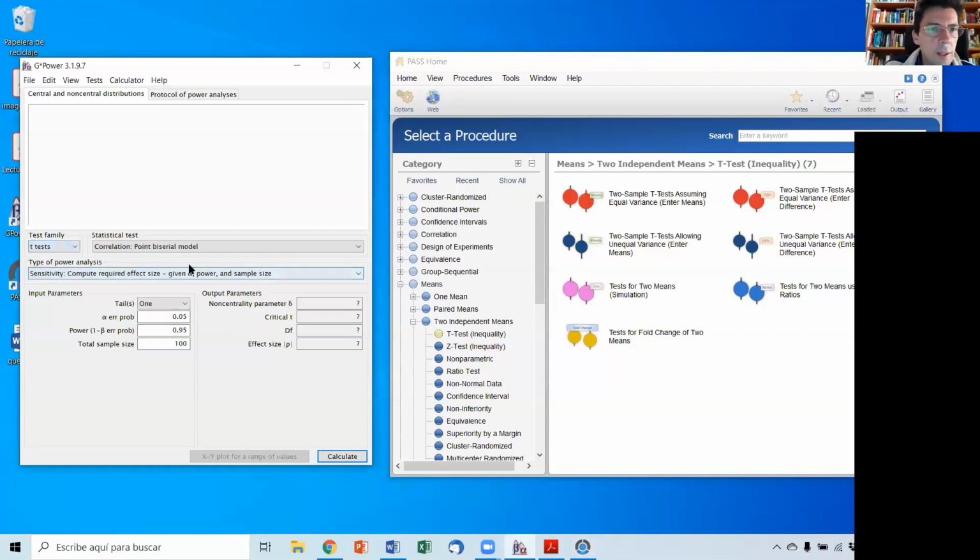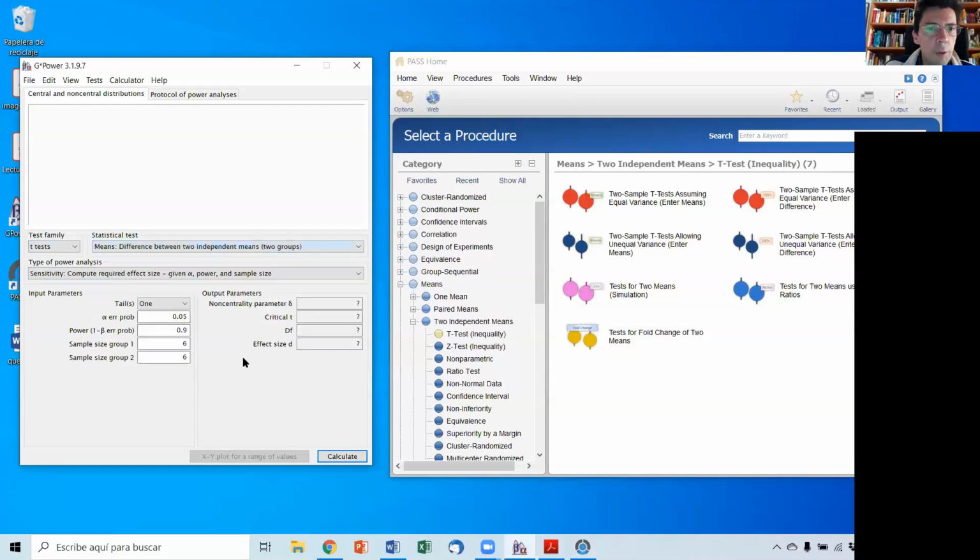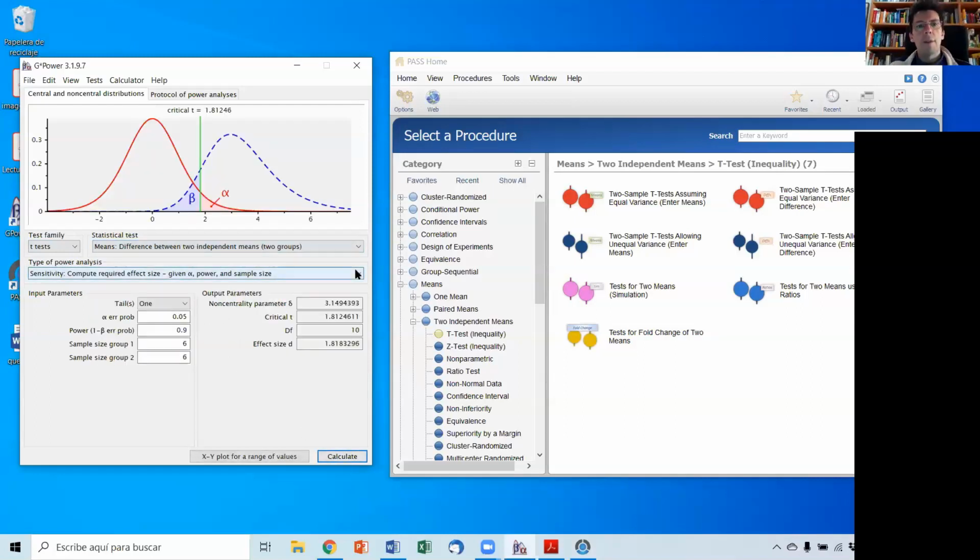So the t-test we had before, the difference between two groups, we had the values here. The design principles are always the same. We have a distribution of the statistic depending on which comparison you are doing at the end.